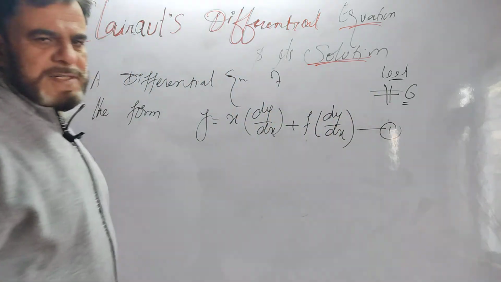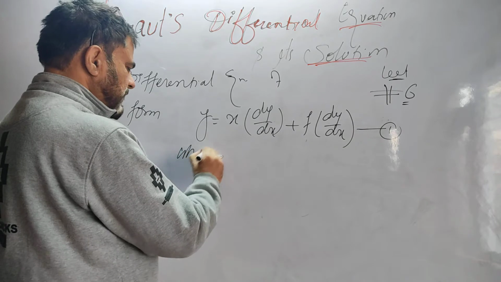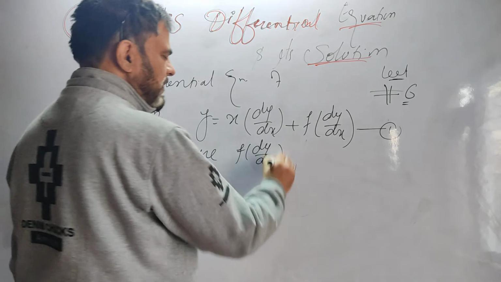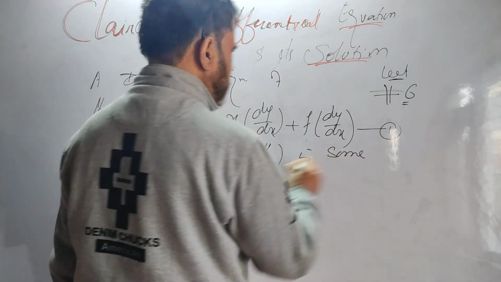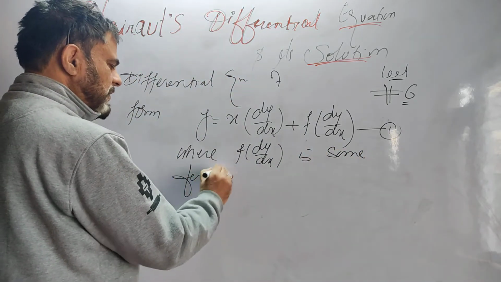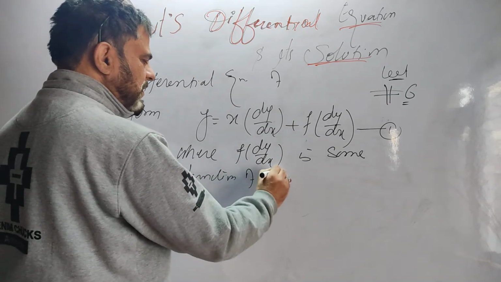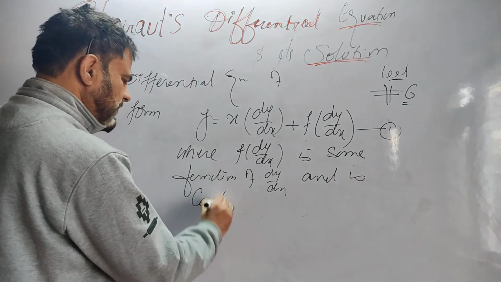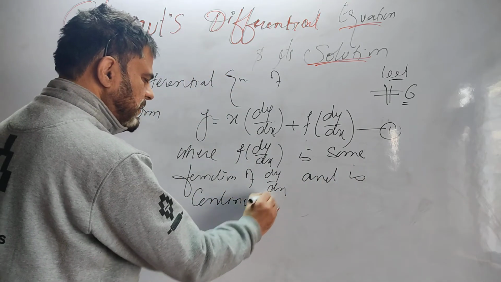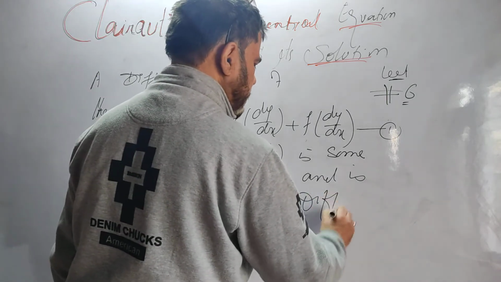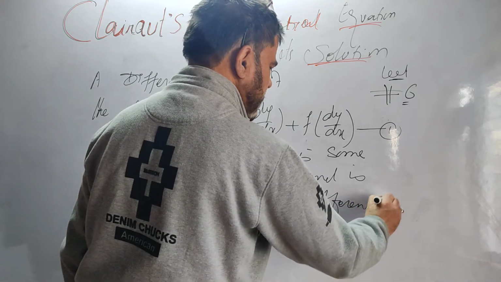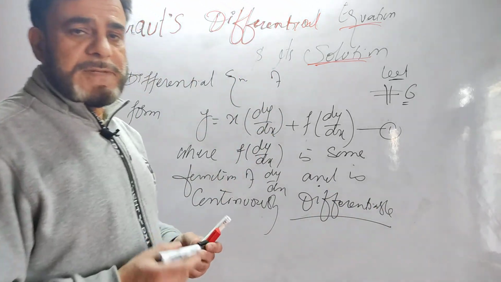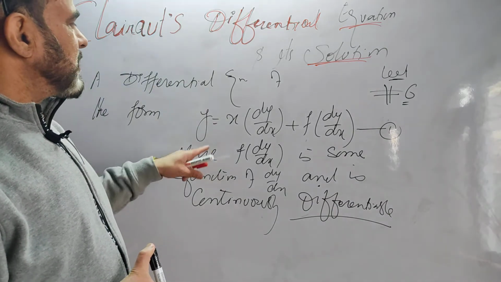This is actually Clairaut's form, where f of dy by dx is some function of dy by dx and is continuously differentiable. This is the Clairaut's differential equation.